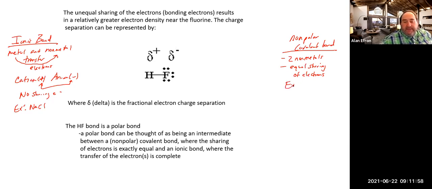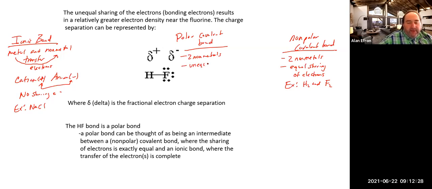Some examples of this are hydrogen and fluorine that we talked about. So at one end, we have complete transfer of electrons. On the other end, we have perfect sharing of electrons. And in the middle, you can think of a polar covalent bond, or just a polar bond, which is also between two nonmetals, with unequal sharing of electrons.